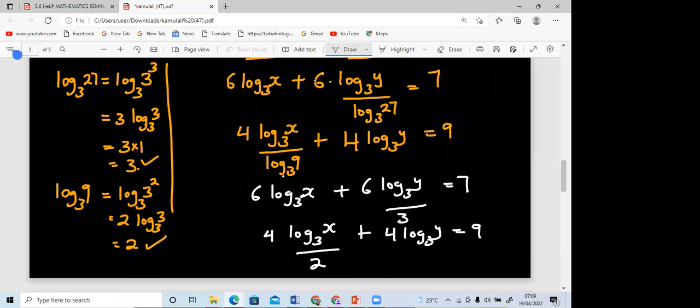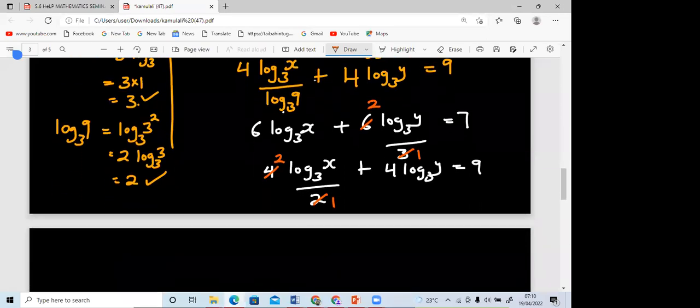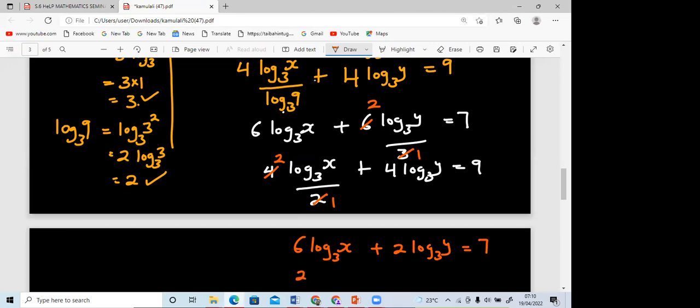That now when I come here, I can have these numbers reduced: 6 divided by 3 goes in 2 times, and 4 divided by 2 gives 2. Now my equations become 6 log of 3x plus 2 log of 3y is equal to 7. And then the second we shall have 2 log of 3x plus 4 log of 3y is equal to 9.